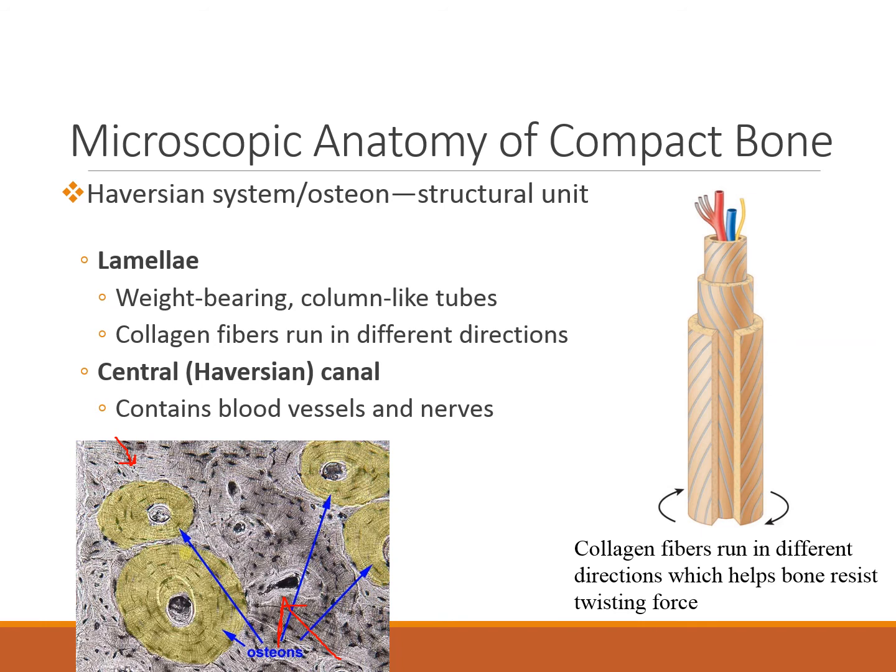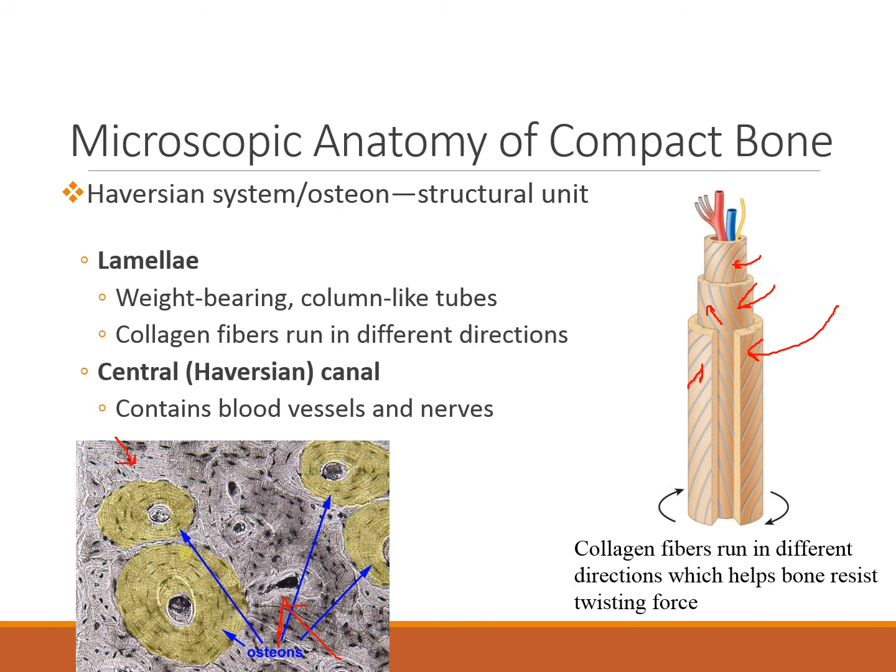This structure is composed of weight-bearing column-like tubes called lamellae. Over here you can see what they kind of look like if you pull them out. The collagen bundles, represented in gray on this slide, run in opposite directions.